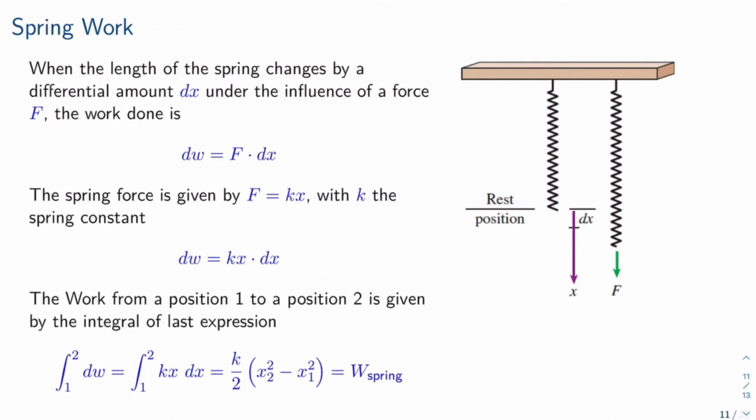Now if we want to compute the total work from this position to the final position, we will need to integrate from positions 1 to 2. This is what we do here.